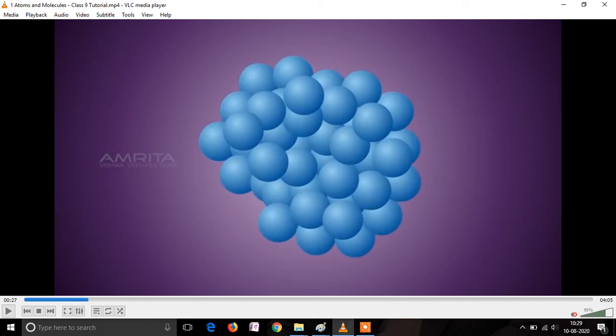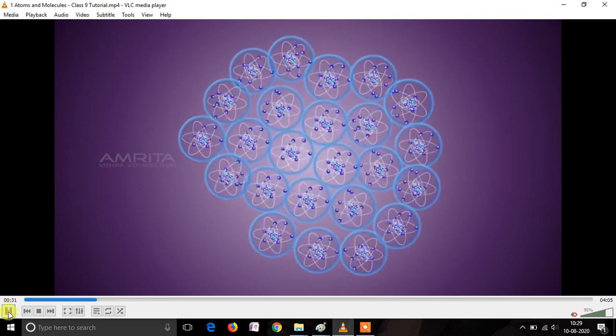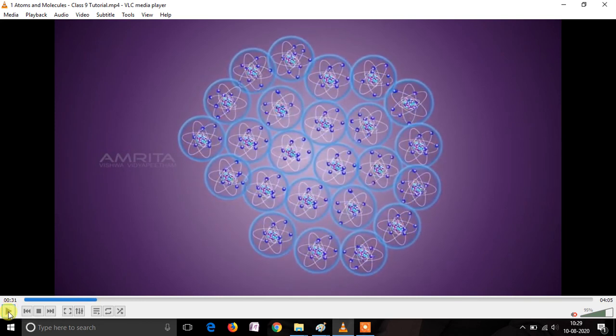And we know that the matter is made up of tiny particles known as atoms. So you consider these small spherical balls as the individual atoms. If we zoom up, we see that every atom has some sort of subatomic particles in it.